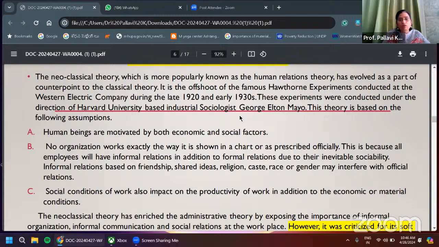What they derived from these experiments is this: nowadays you see in social media many reels. They do small social experiments, isn't it? In a given situation, how does a human being behave? Suppose some person is in need and goes and asks for some help. Some people help, some people don't.